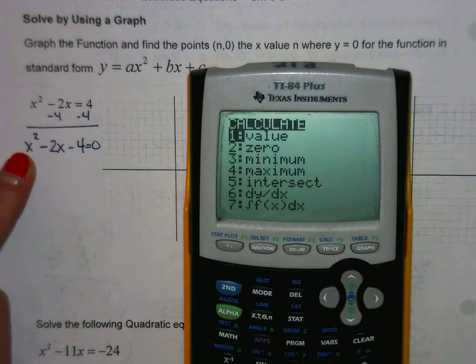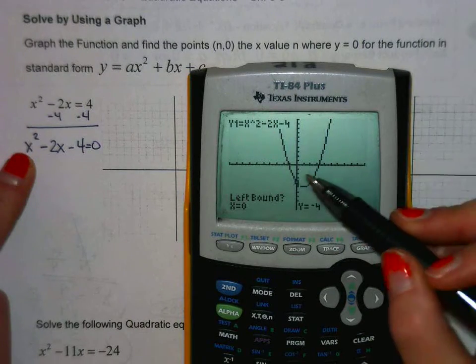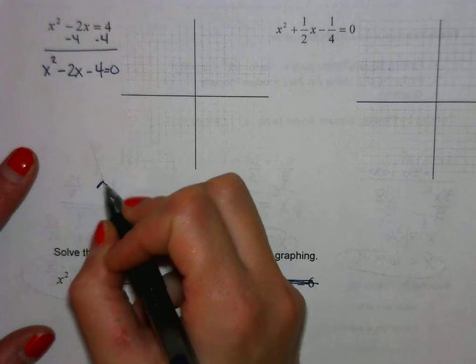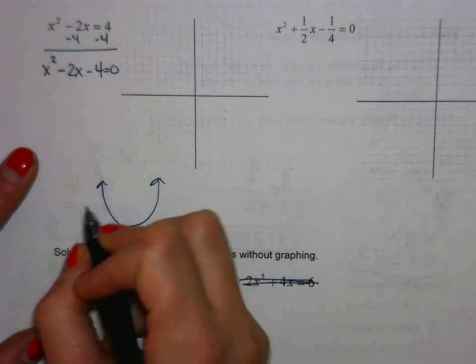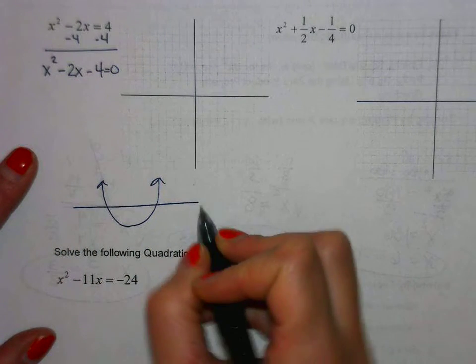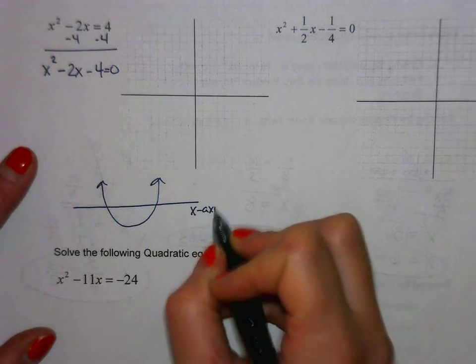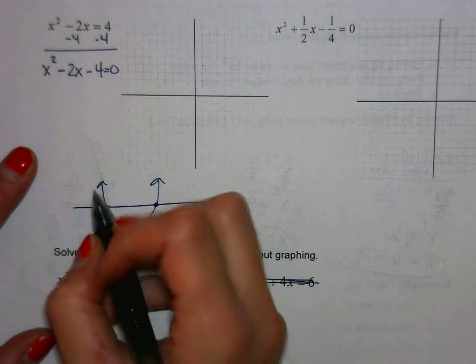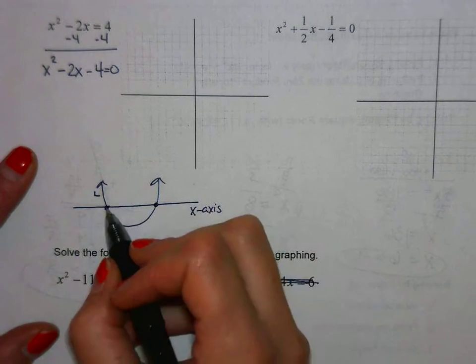just to give you a guide, if we have a parabola that's facing up and it's intersecting our x-axis, these would be our solutions. So the left bound is above that point and our right bound is below. Here it's opposite: left bound, right bound.